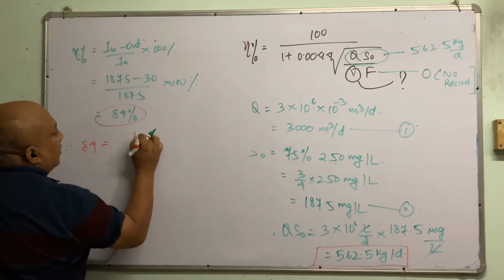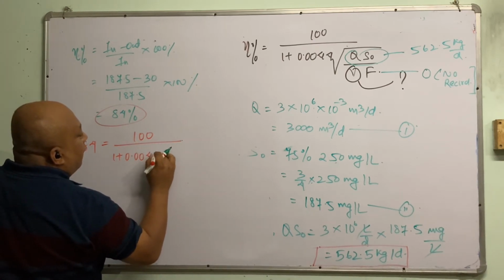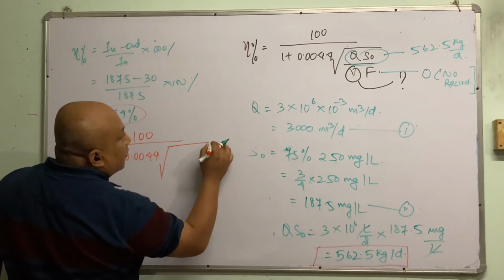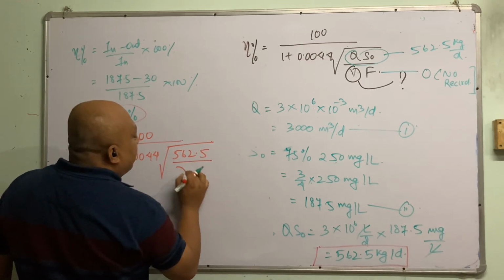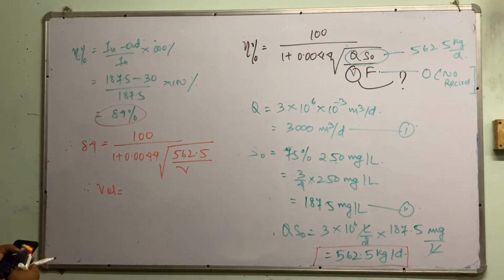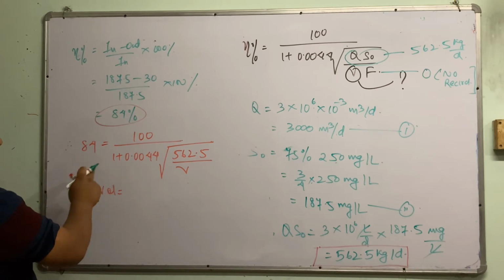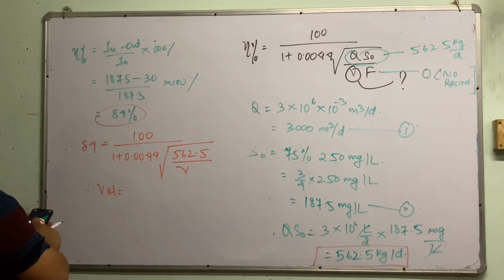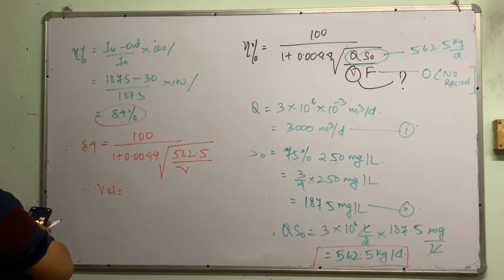Therefore, can I say like this? 84 is equal to 100 divided by 1 plus 0.0044 root over 562.5 divided by volume. Now it's very easy to find the volume.